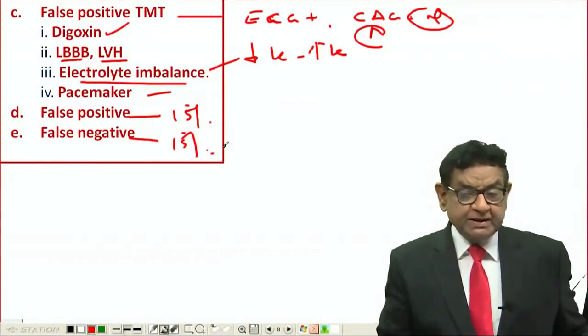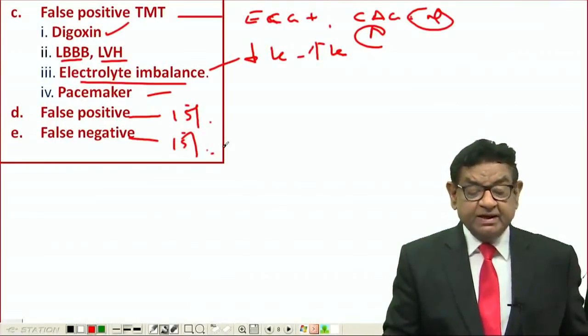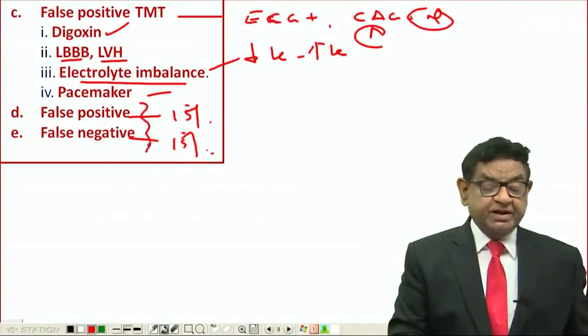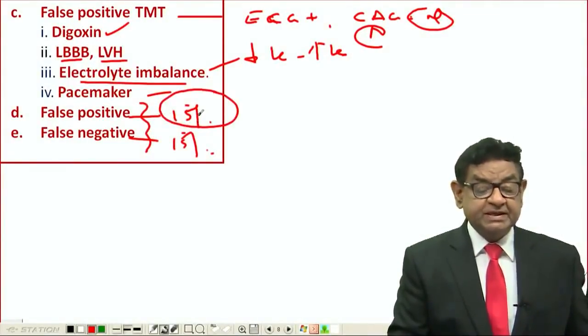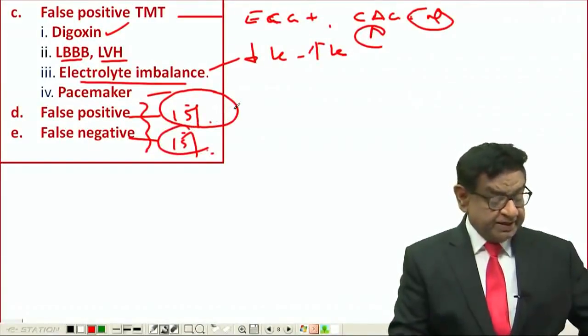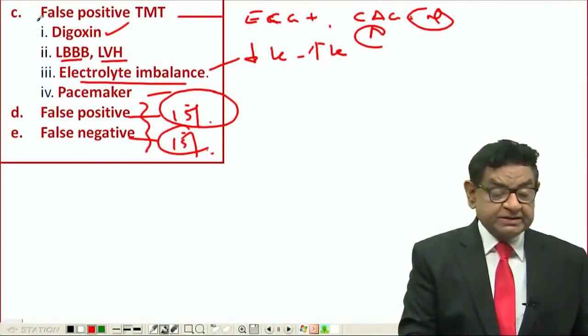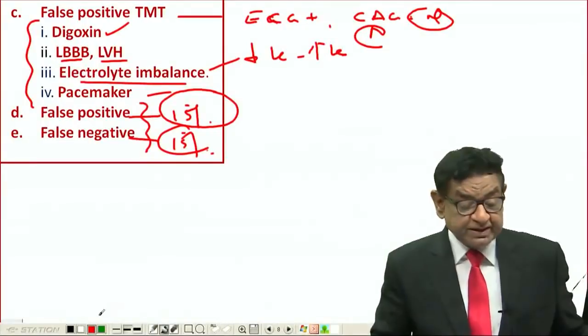That means the patient has coronary artery disease, but still TMT may be negative in 15% of cases. So two extra things we learn: even in a normal population, false positive in 15% of cases and false negative in 15% of cases. So we have a set of conditions where we may get false positive and false negative.